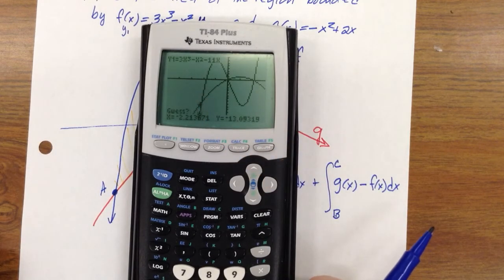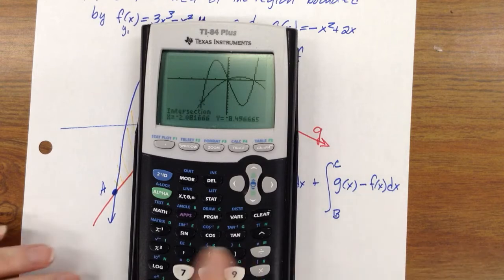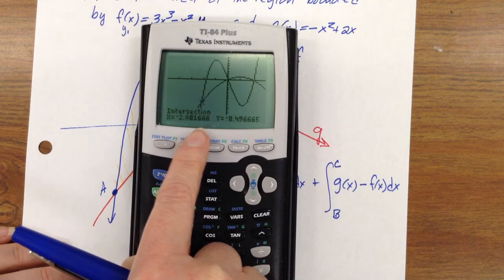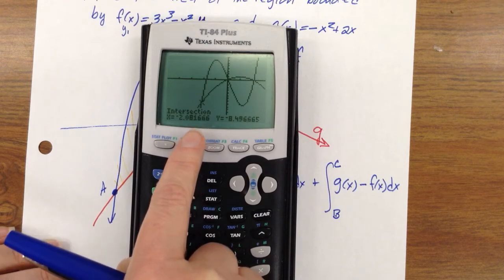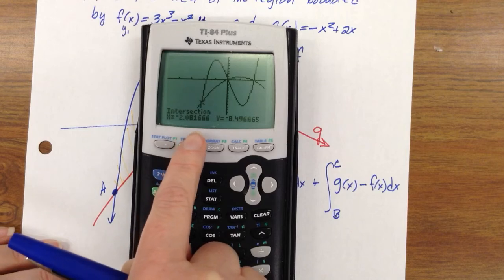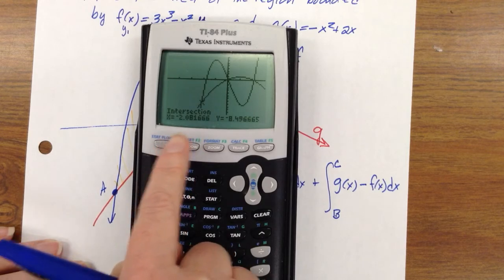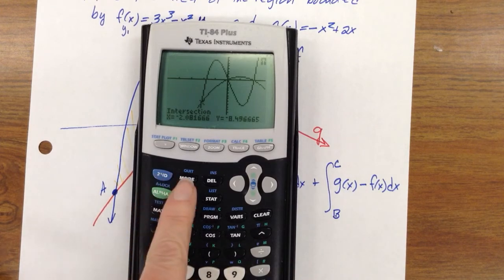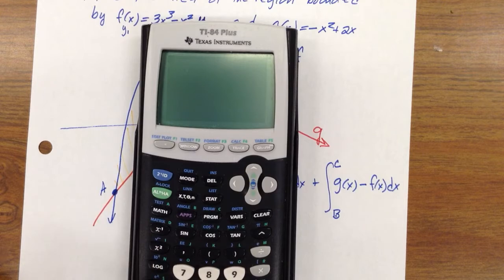Bada, bing, boom. Now, my point of intersection is negative 2.0186666, repeating. I need to take that number. Do not round it. I need to take the whole thing and store it. Here's how we do that. I just finished doing the point of intersection. I quit the graph. I'm at my home screen.